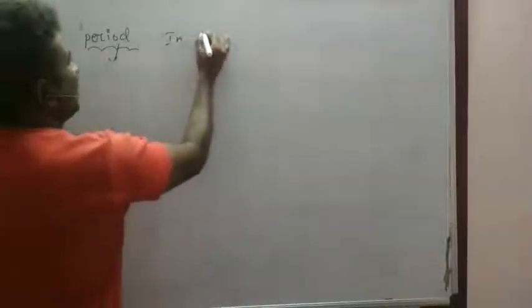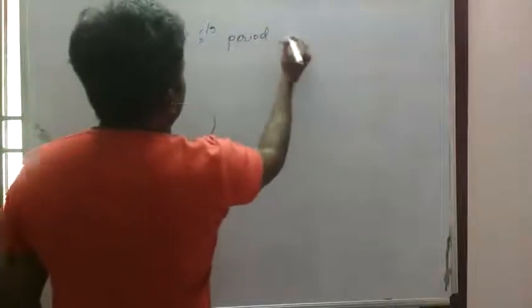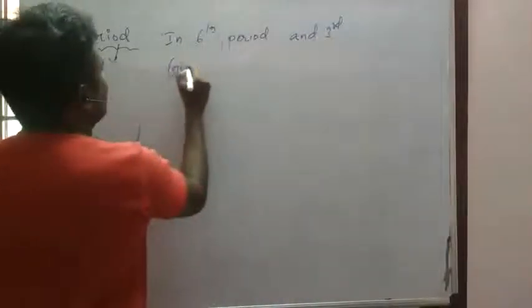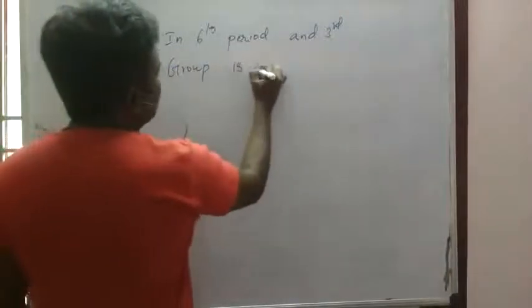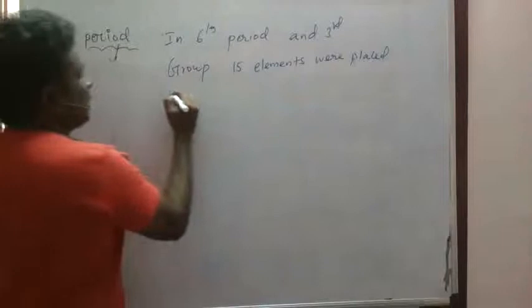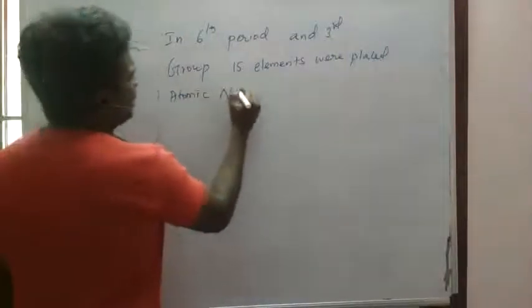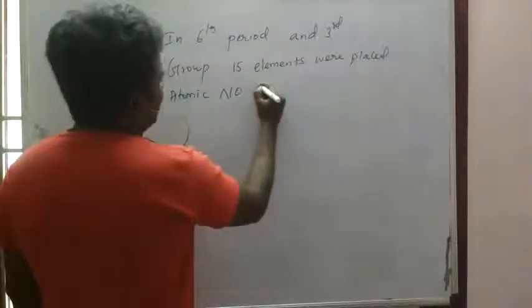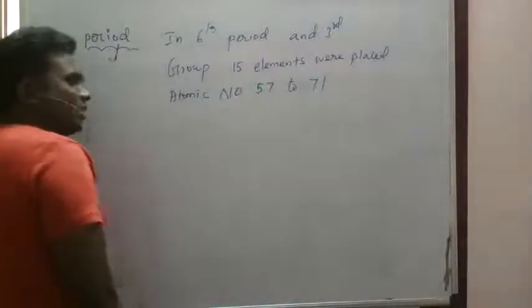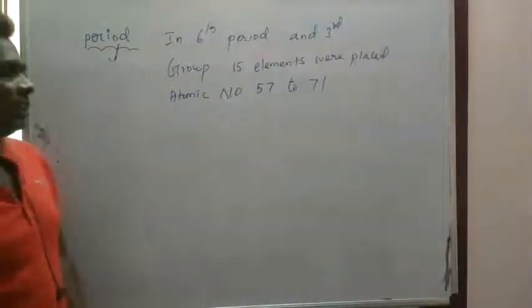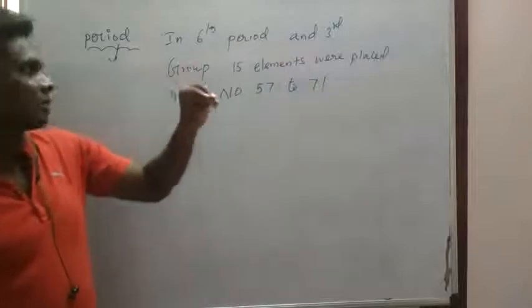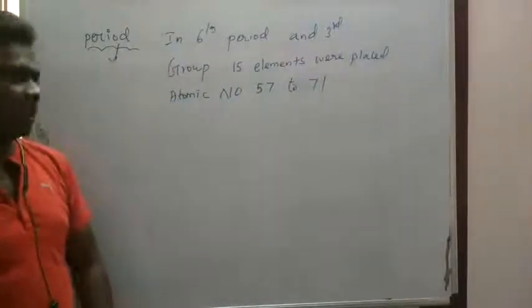So in the sixth period and third group, 15 elements are placed: atomic number 57 to 71, element lanthanum to lutetium.